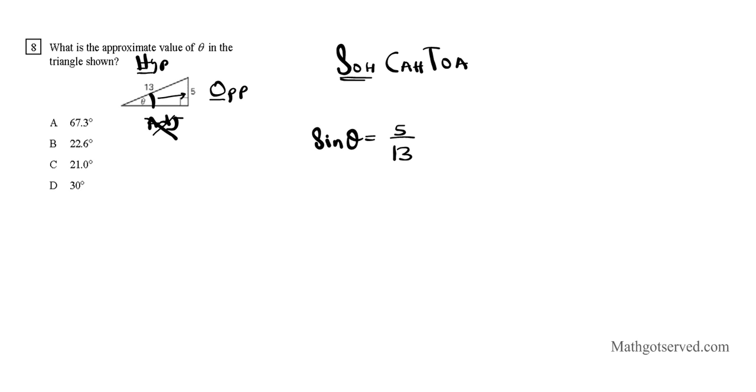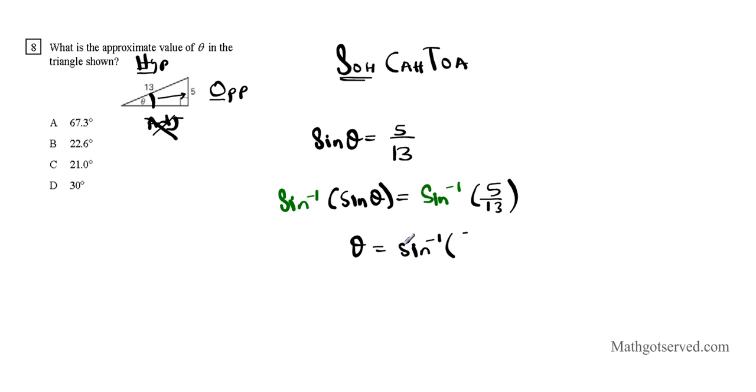Now to get theta by itself, we'll take the inverse sine of both sides. So inverse sine of sine theta equals the inverse sine of 5 over 13. Okay? And that's going to yield theta equals the inverse sine of 5 over 13.